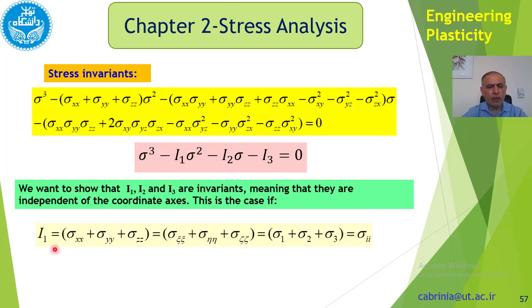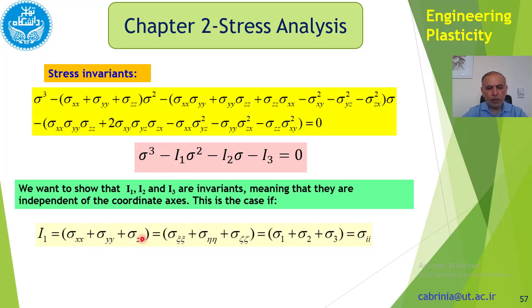Okay? So like that. So if we use the Cartesian axis, I1 is sigma x plus sigma y plus sigma z. Therefore, if we use another axis like that, okay, or the principal axes are 1, 2, and 3, any kind of axis, if we use, the sum of sigma I is the same.